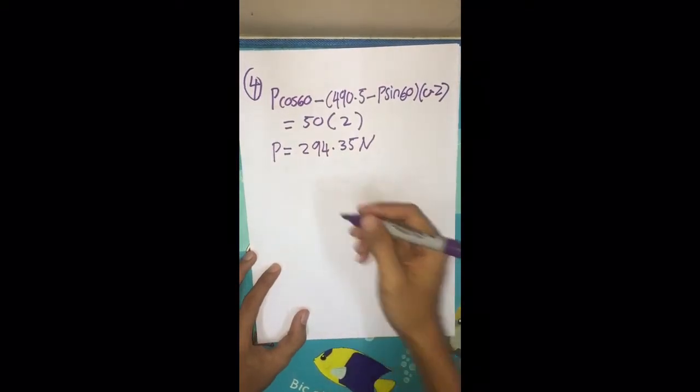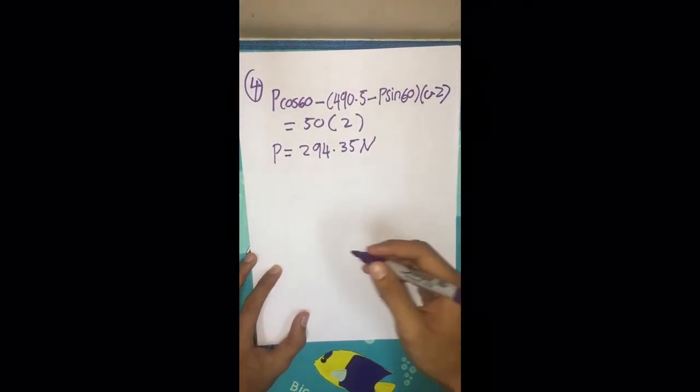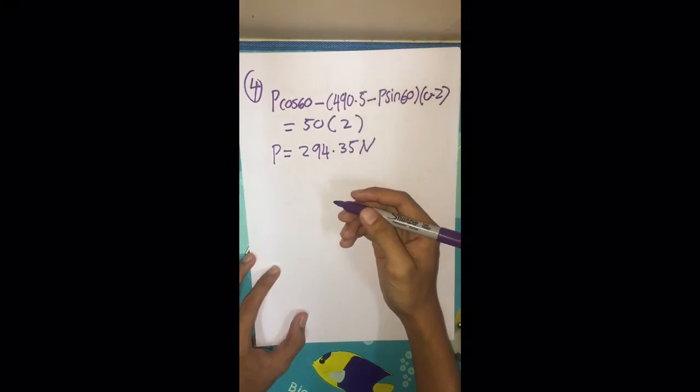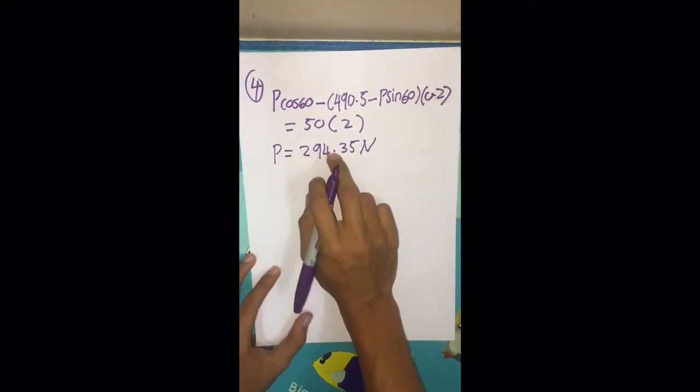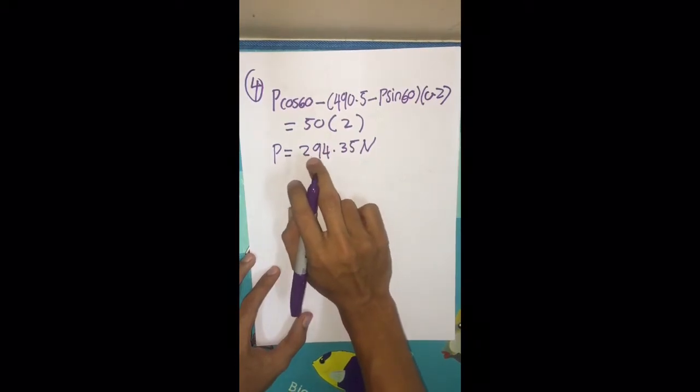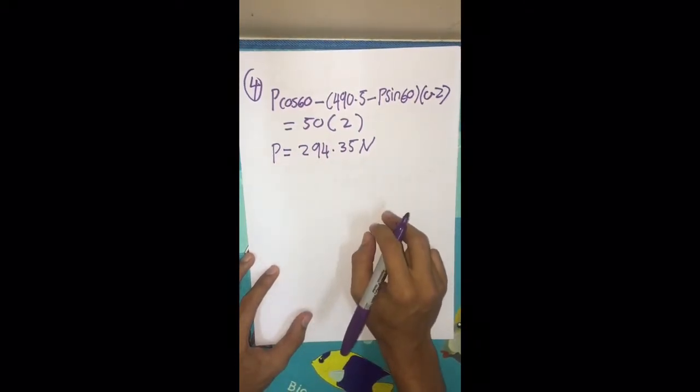For question B, it asks us to find the normal reaction. To find the normal reaction, we must put the P into equation number 2.